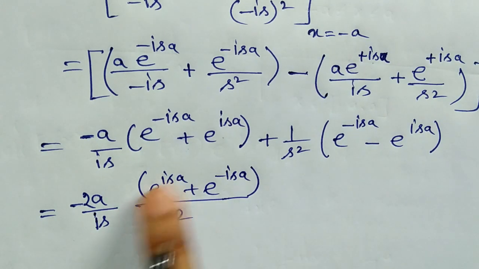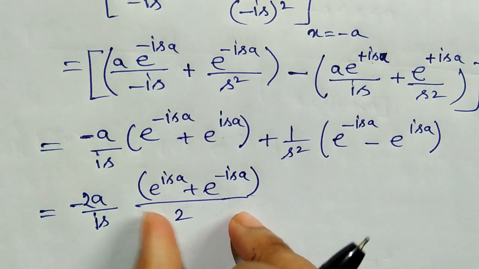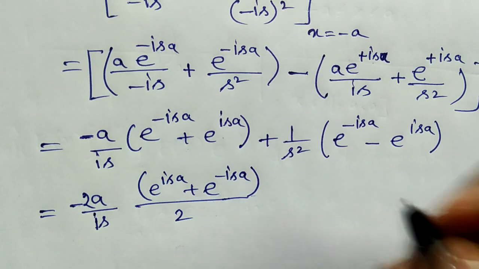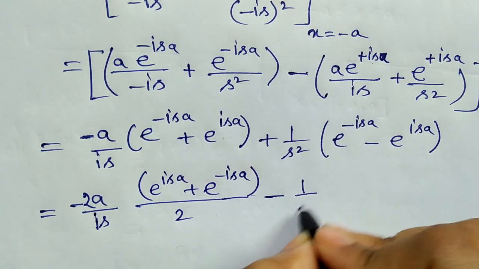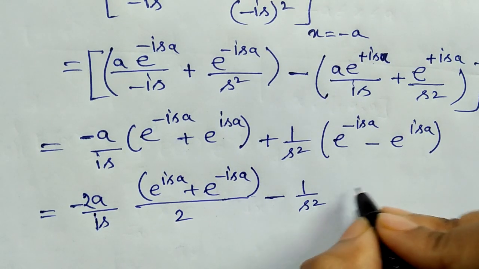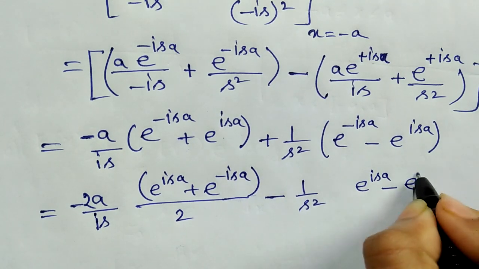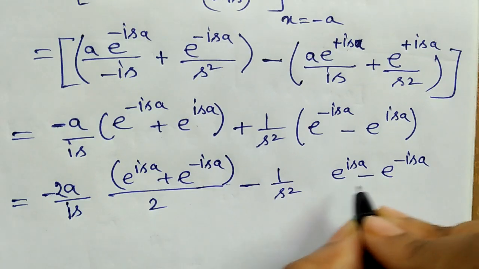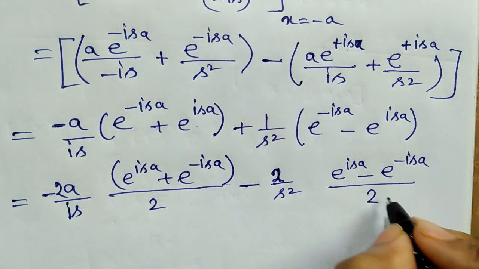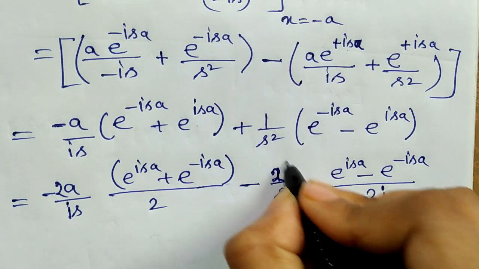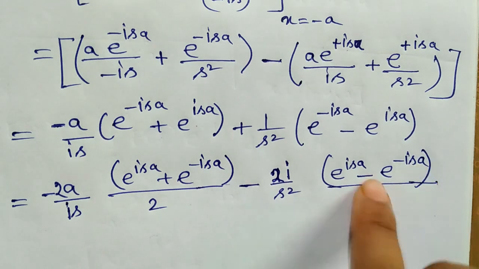See, e to the power isa plus e to the power minus isa by 2, then this will be cos sa, and this is minus 1 by s squared, then e to the power isa minus e to the power minus isa by 2, so 2 here and also i here, and this is equal to sin sa.